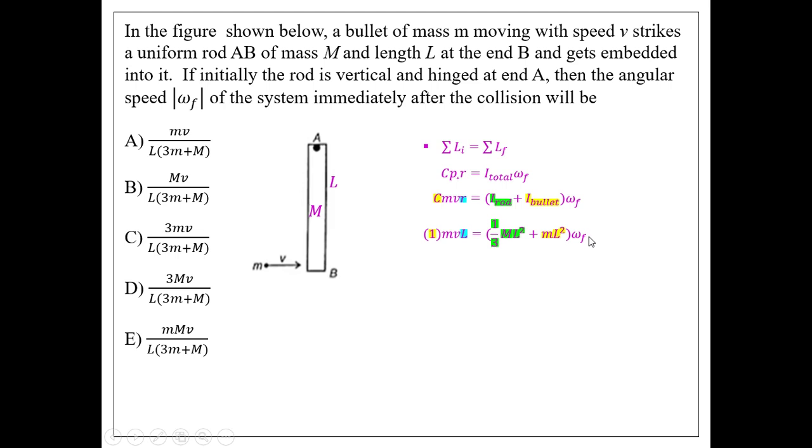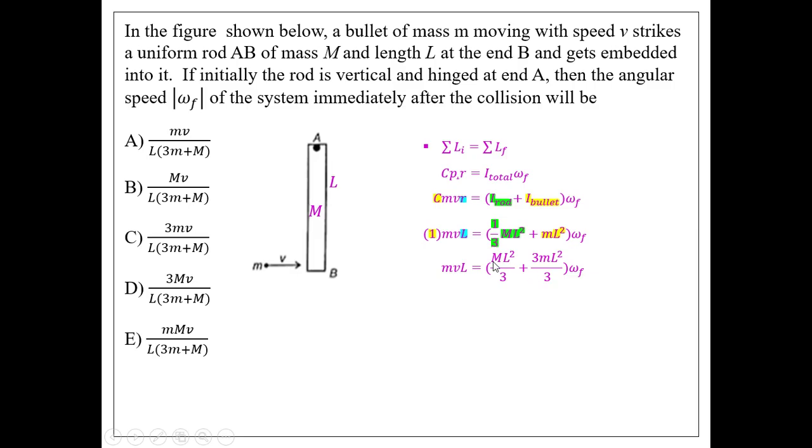Omega F is on the outside of the bracket. So here, I can just go ahead and introduce a common denominator. Everything on the left side stays the same, right? The 1 outside, I just got rid of because you're just multiplying by 1, so it's redundant. On the right side, in parentheses, you have a 1/3. The second term doesn't have a denominator, so I'm just going to multiply top and bottom by 3 so I have a common denominator of 3.